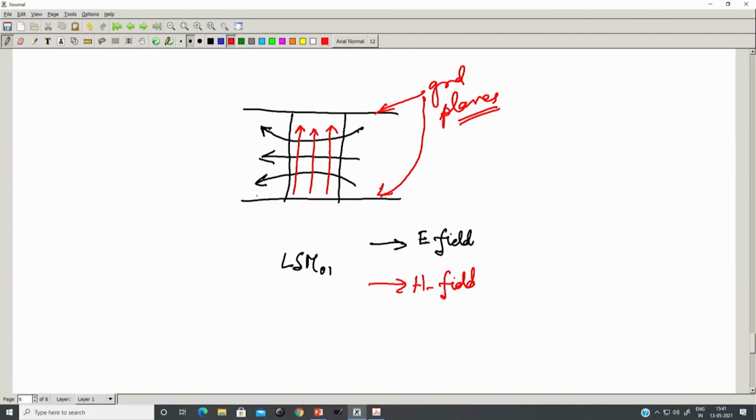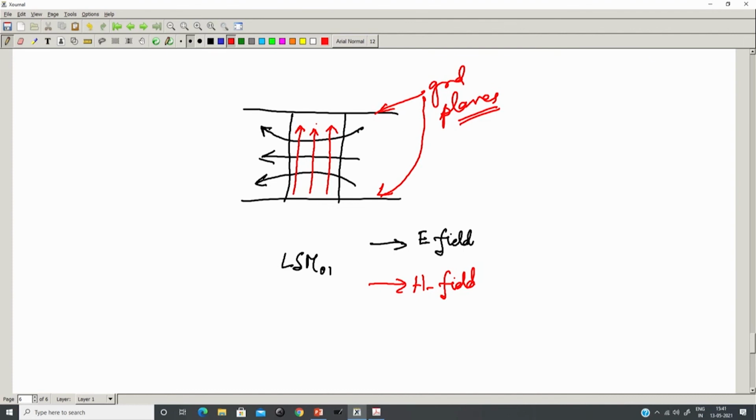Therefore, the transmission loss of the guide is reduced, essentially because you see that the magnetic field is normal to the ground plane. So, there is no current induced on the ground plane due to the magnetic field, which reduces the transmission loss of the NRD.